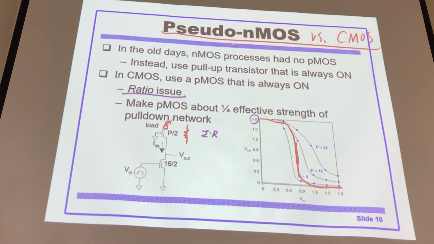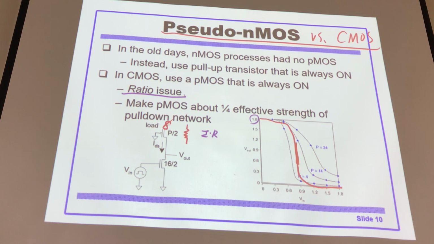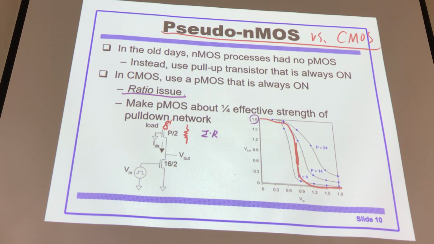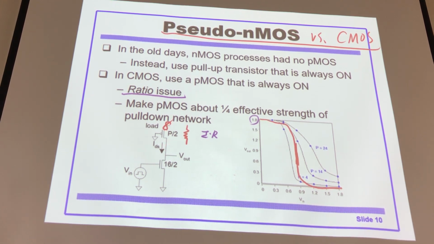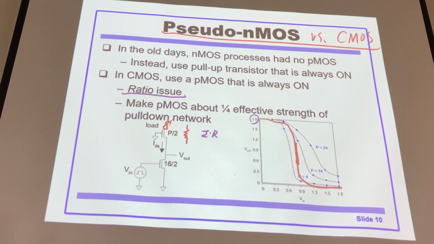Because in pseudo NMOS, this guy, the PMOS transistor, is always on. Not full on, but semi-on. Because of that, there's always a current going through. Always. Which is bad, because when you have current going through, it consumes power.